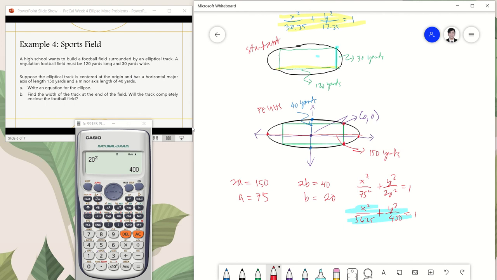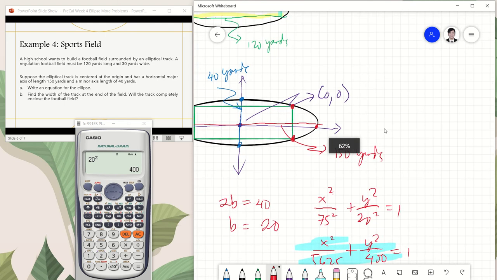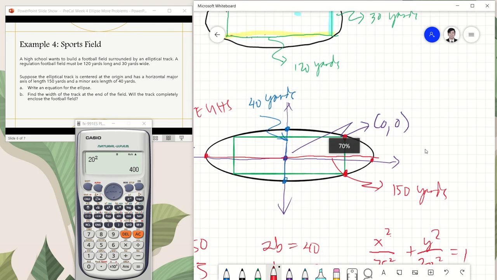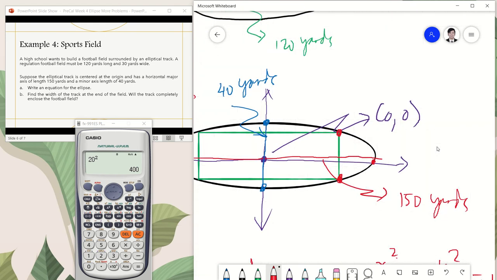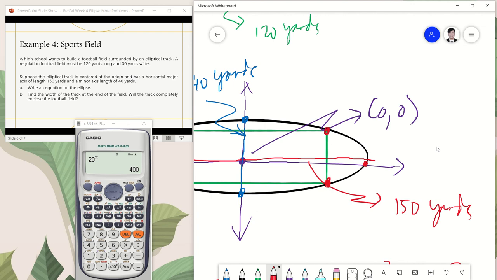Ayan. Okay. So, yung gagawin natin, this is similar to the problem that we encountered regarding tunnel. So, para maging mas madali, yung endpoint ng ating rectangle or yung parang field natin is part of the ellipse.